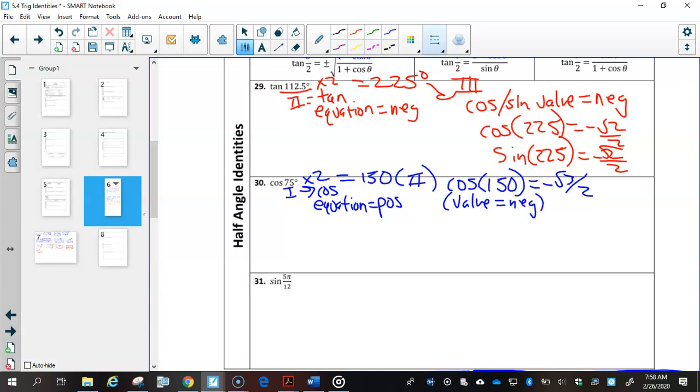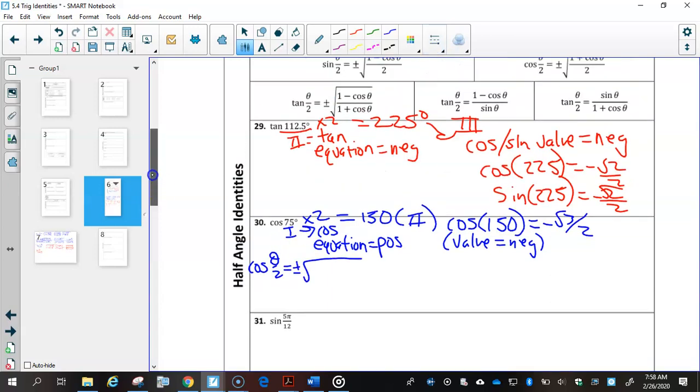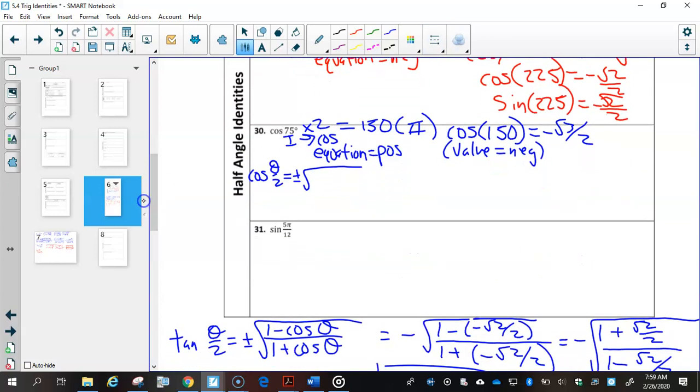And then we can use that information and put it into the formula. Since the equation is positive, we don't need to put a plus out front.